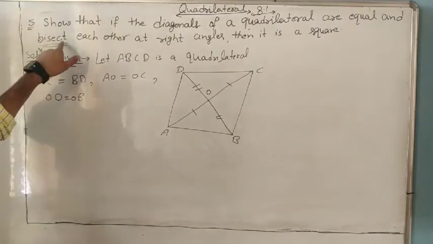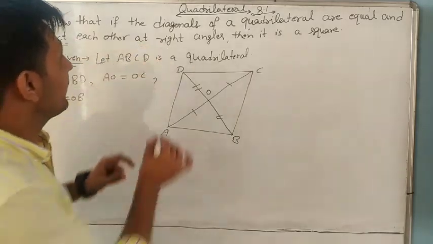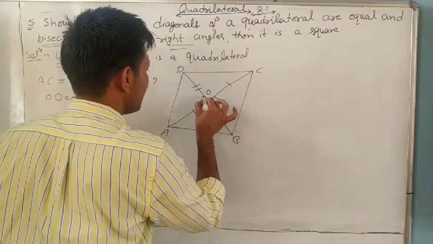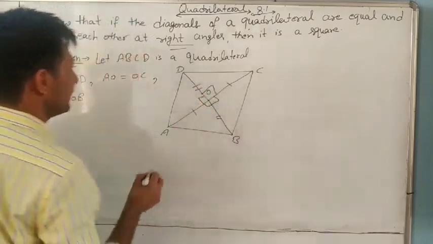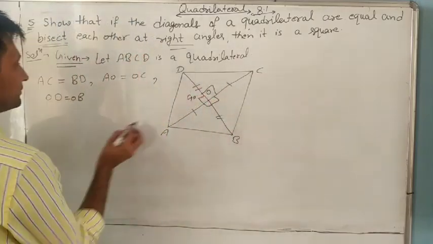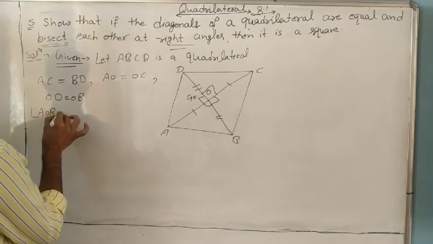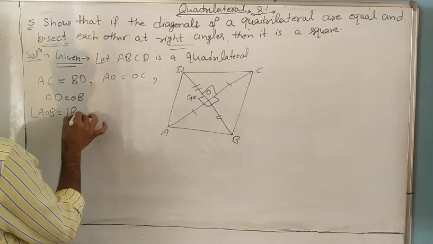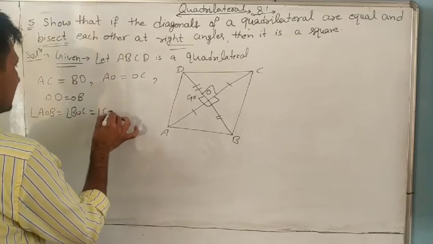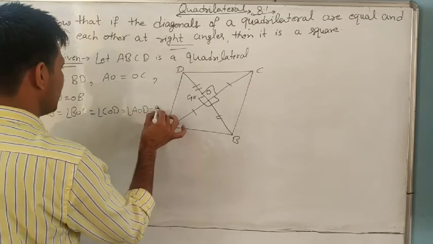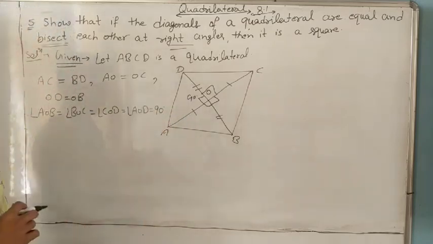And next, the diagonals bisect at a right angle. Right angle means 90, 90, 90, 90. So they are all 90. It means angle AOB equal to angle BOC, angle COD, angle AOD equal to 90 degrees.